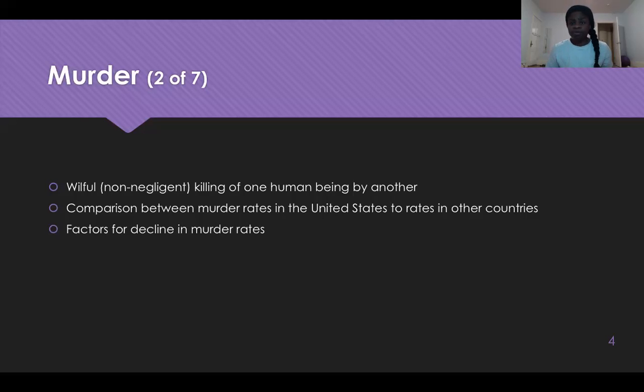So again, we're moving on to murder. Murder specifically is the willful, non-negligent killing of one human being by another, okay? Murder rates have been significantly higher in the past than they are today, primarily because of the lack of effective law enforcement and adequate medical attention.